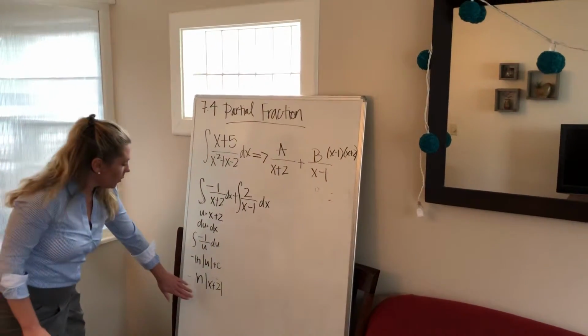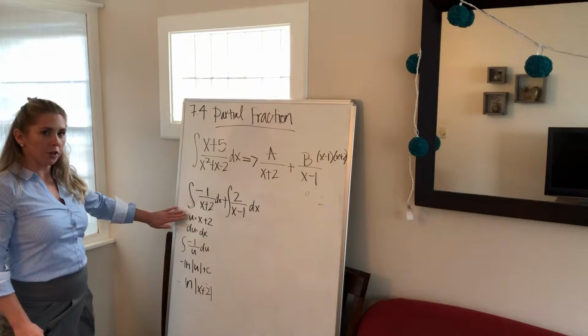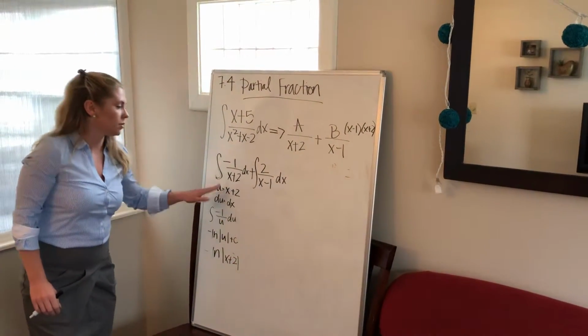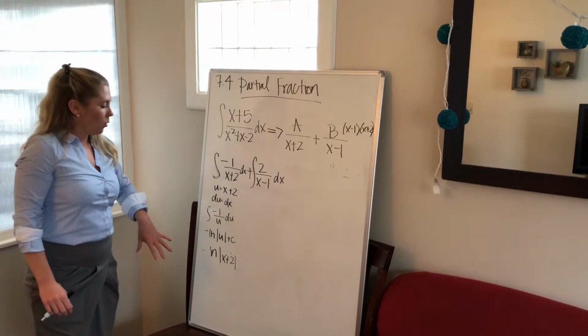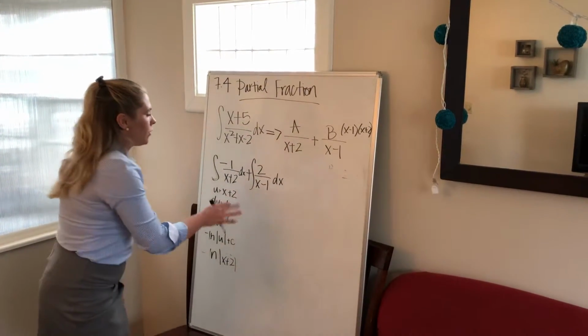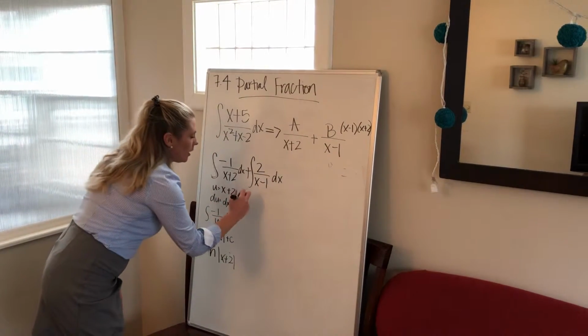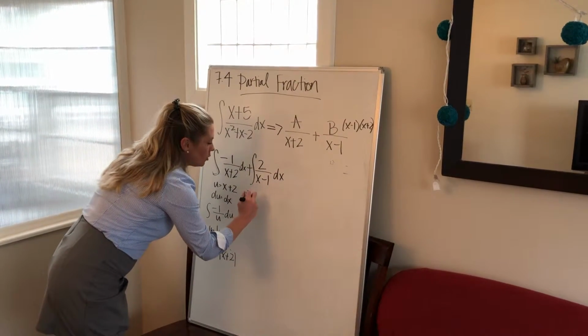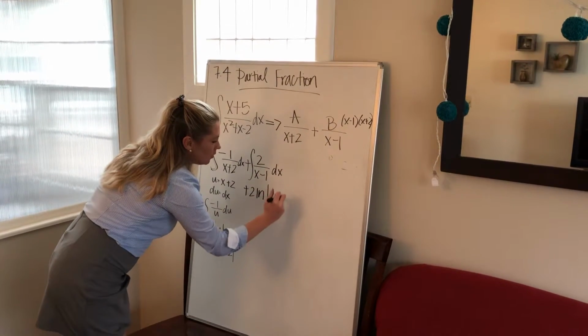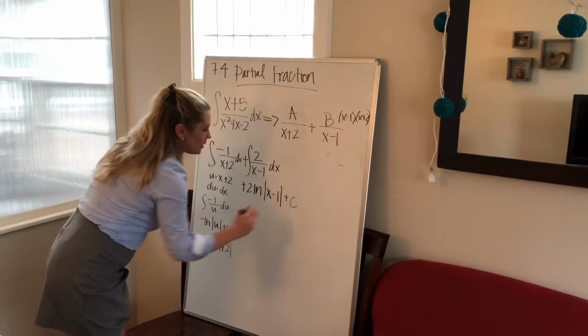So since we know that if we plug in our u substitution with that term, since it's just an x to the 1 power, we're just going to know straight away that that's going to be ln. So for this one, I'm just going to automatically think in my head, this is going to be 2 ln absolute value of x minus 1 plus c.